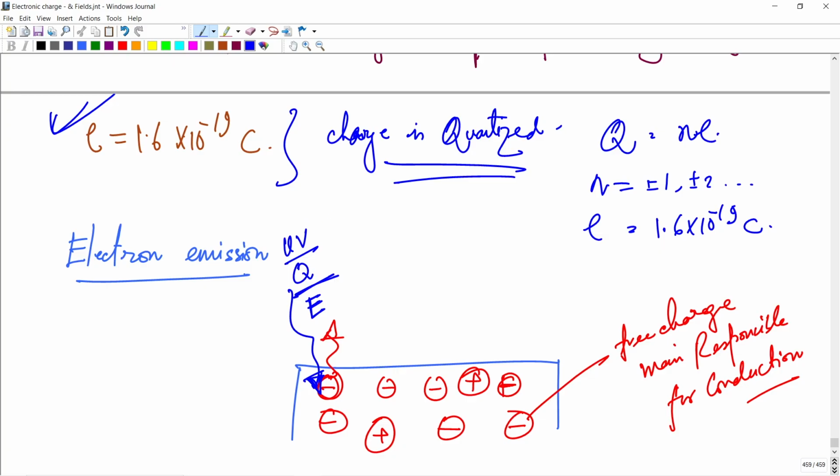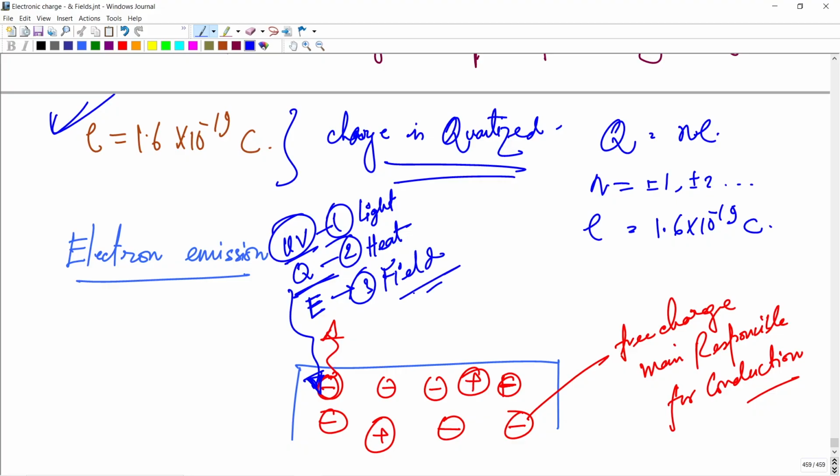The first is light, second is heat or temperature, third is a field. Okay, these three are very important. So the electron gets some extra energy to be released from the metal.